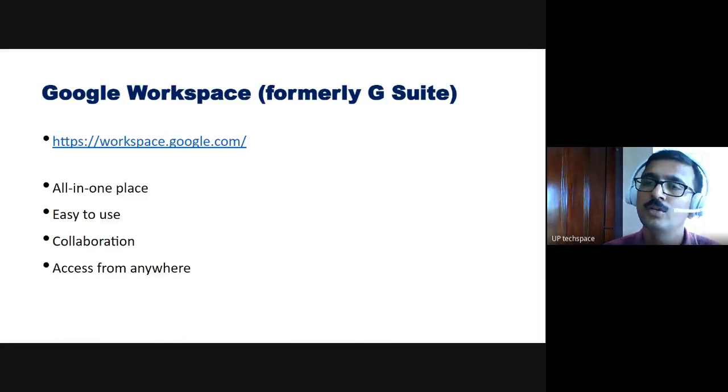Otherwise, you need to depend on Google search, typing Google Calendar or Google Form, and then go forward to Google Forms or Google Docs. So it is very good practice to remember these subdomains. That will ease your process.